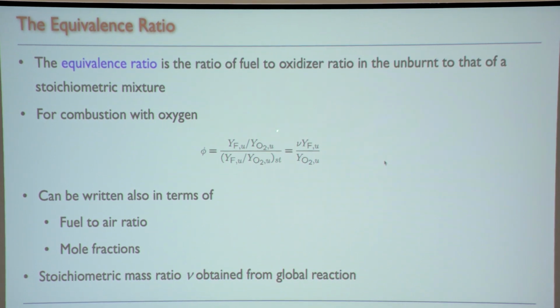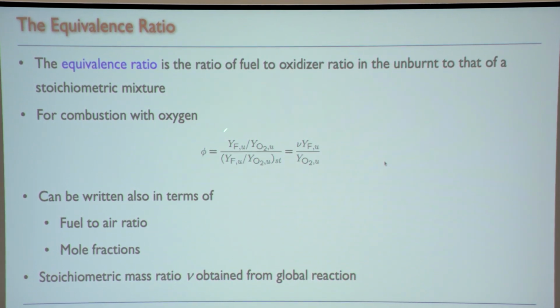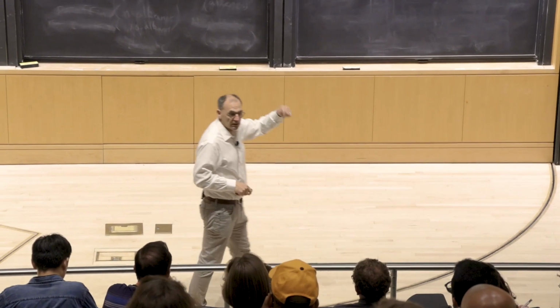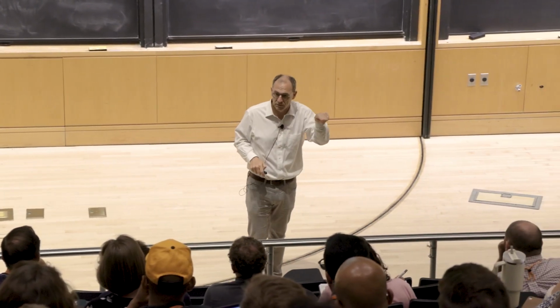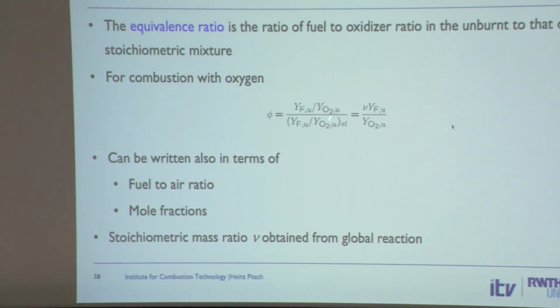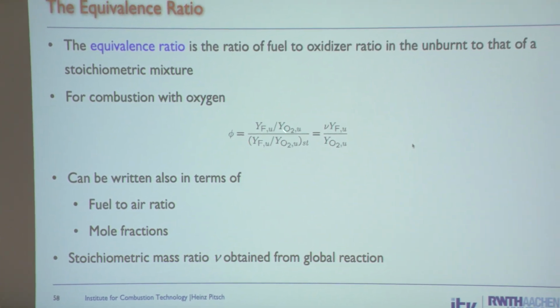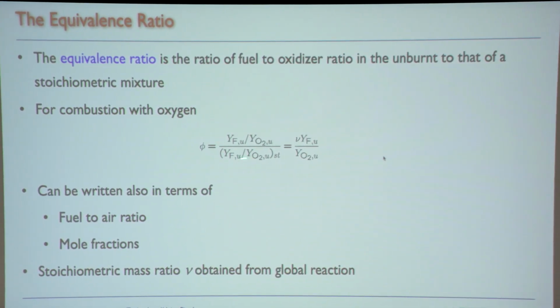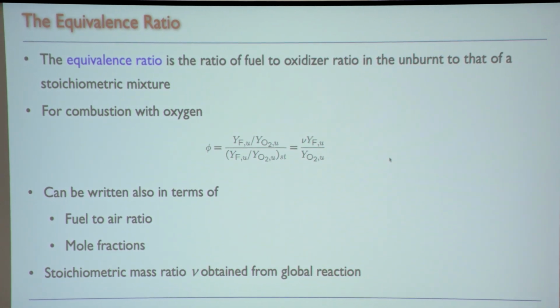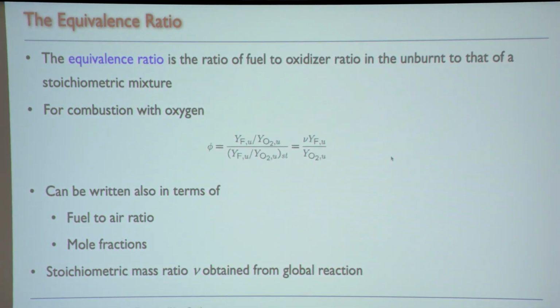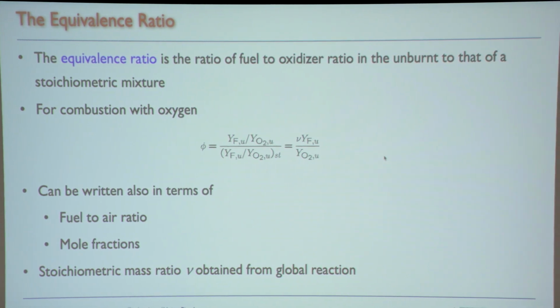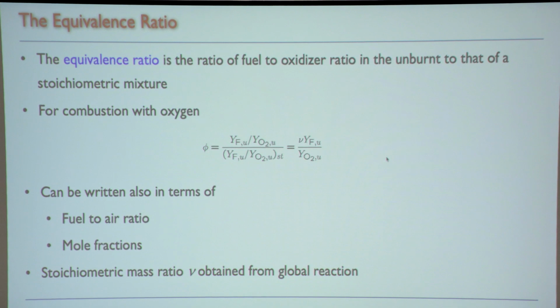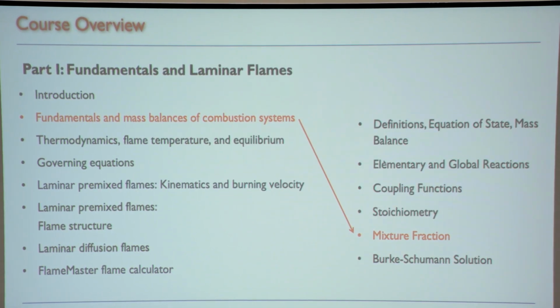We use the actual composition in terms of mass, and the stoichiometric composition in terms of moles, because the stoichiometric composition you just get from the global reaction. And very often we use mass fractions in balances. So if I do that, you have a bunch of molecular weights in this equation also. You can either use all mass fractions, or the mix, but then you have to be careful.